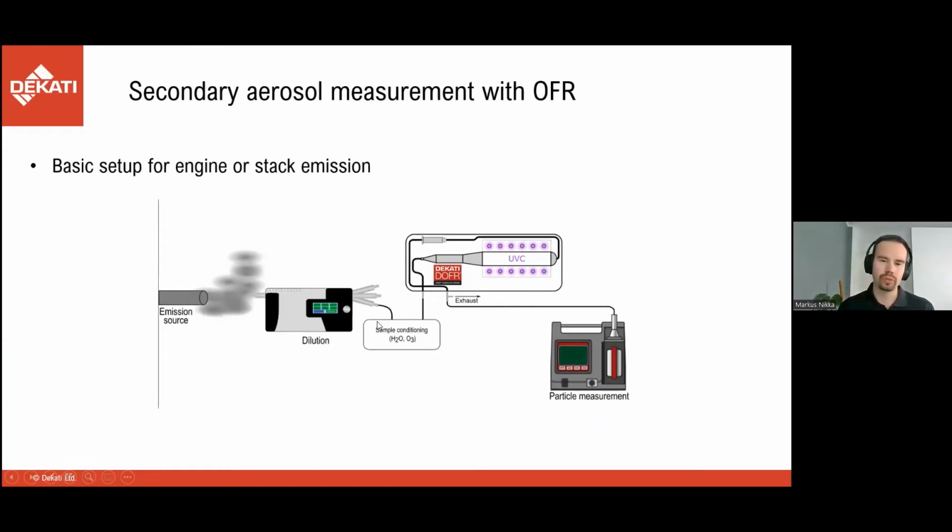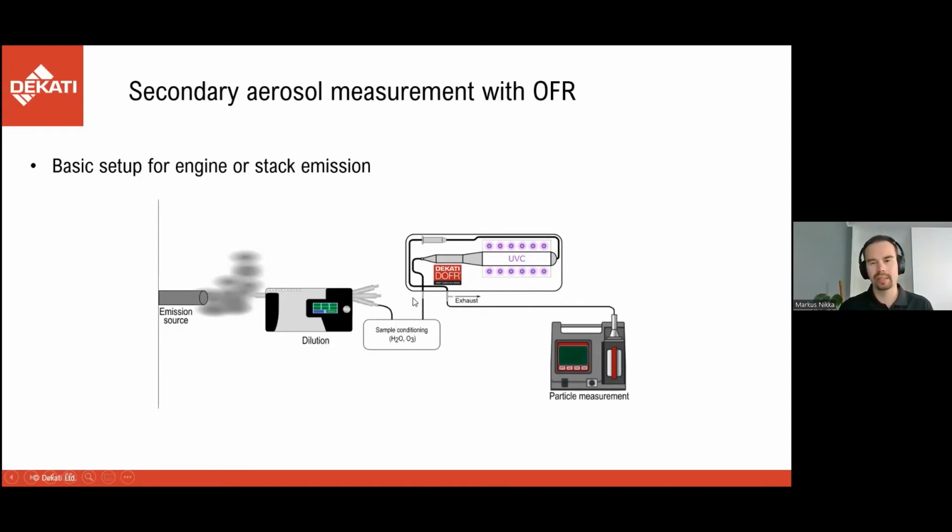After the dilution system, we have to have some kind of sample conditioning, introducing the ozone and controlling and monitoring the humidity.